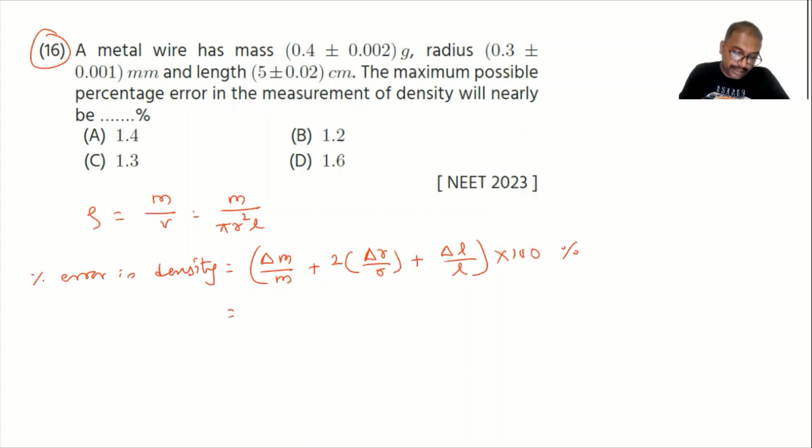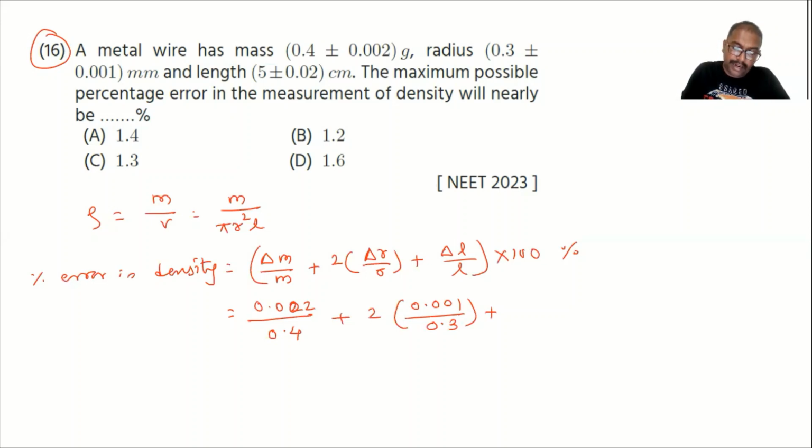Now error in mass, I can write 0.02 divided by 0.4, plus twice of error in radius. So error in radius divided by radius, plus error in the length, so 0.02 divided by 5.